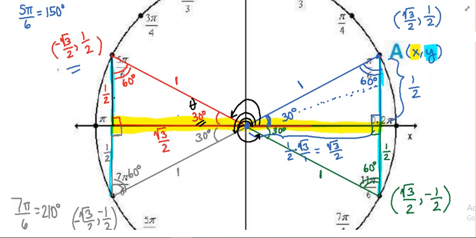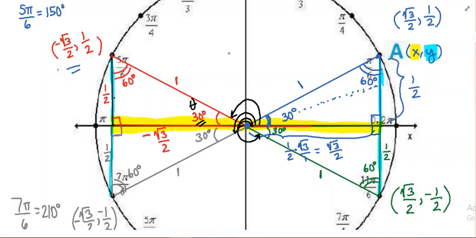So even though we're dealing with the length of a triangle, you can think of this distance right here, the square root of 3 over 2, as being negative because the x values are negative in quadrant 2. And this distance of the triangle, the 1/2, is positive because in quadrant 2, the y values are positive. So you are going to have to take the sign into account when you're doing your trig functions.